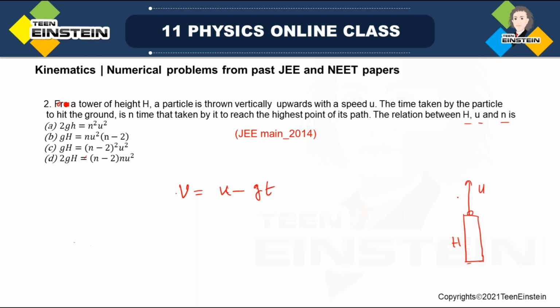It will actually go like this and come like this. So this is the highest point. Here the velocity will be 0. So what is the time when the velocity becomes 0? We can find out: 0 equals u minus gt, so t means u by g.